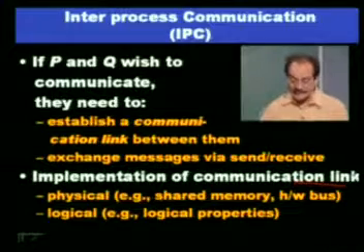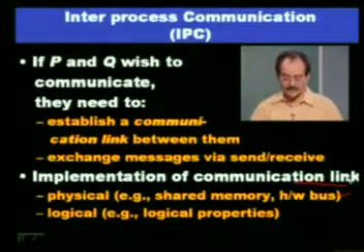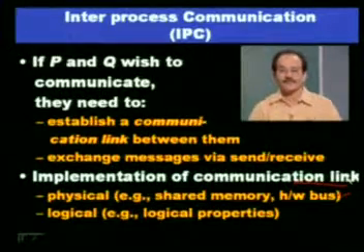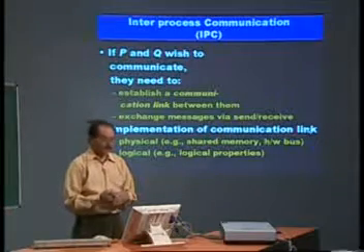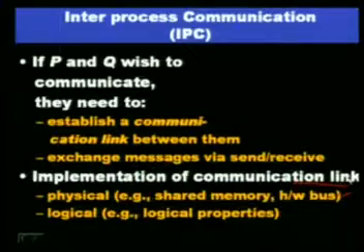It can be physical. What do we mean by physical communication? Let us say there is some sort of a hardware bus which exists between those two processors, or we have got a network through which these two processes are communicating, or we have got some logical properties through which they are communicating with each other.